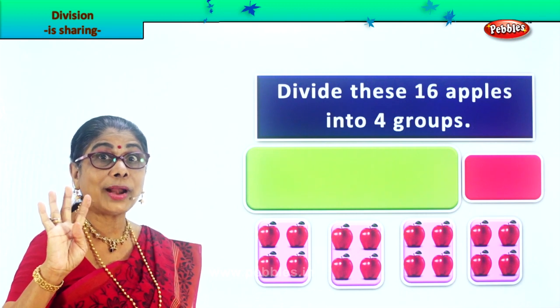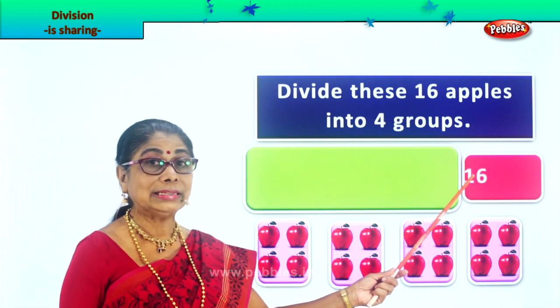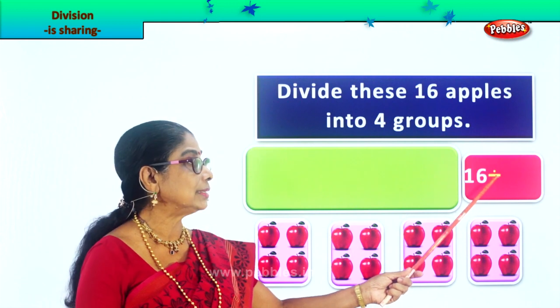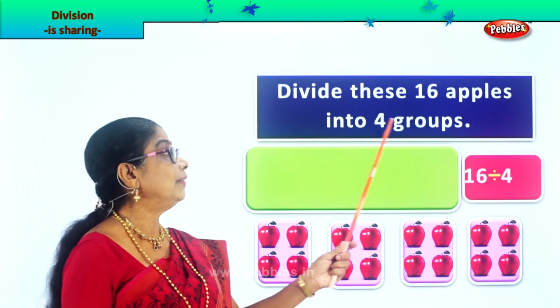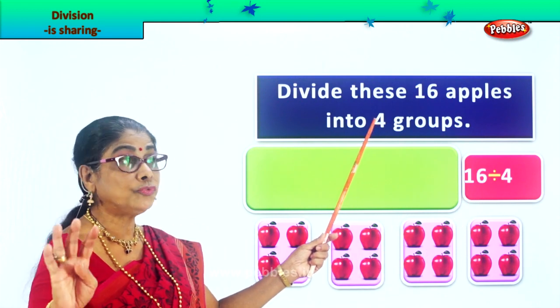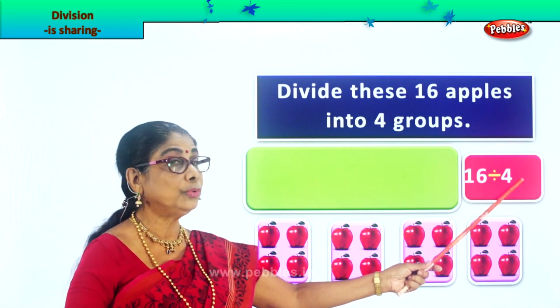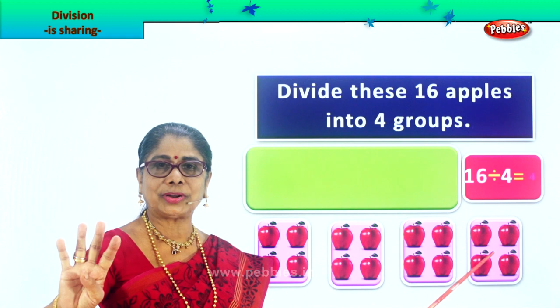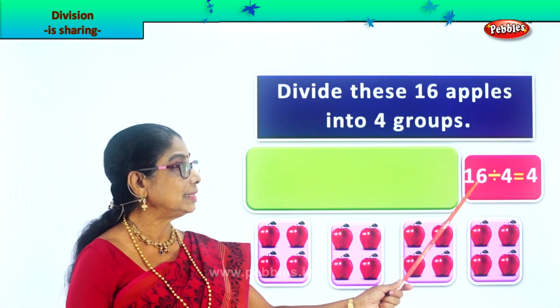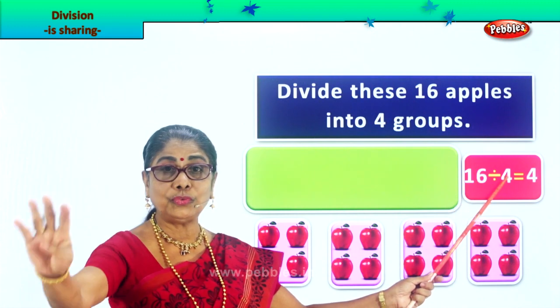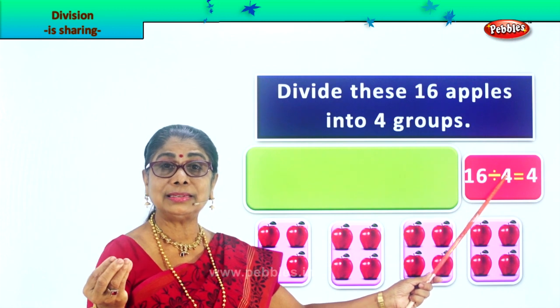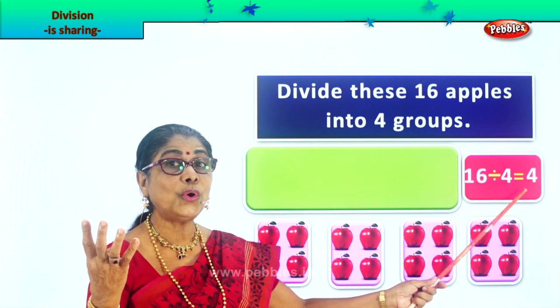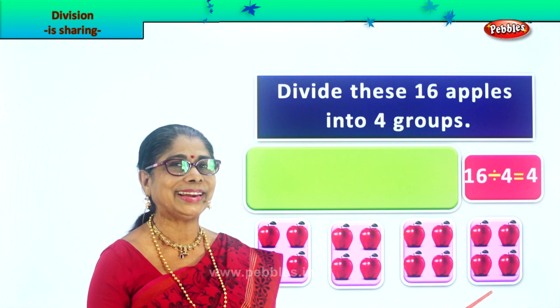Those are the 4 apples. So we write down 16, put the division sign, divided into how many groups? 4 groups, equal to answer 4 apples each tray. So 16 apples divided into 4 groups, and your answer is equal to 4. That's the 4 apples in one tray.